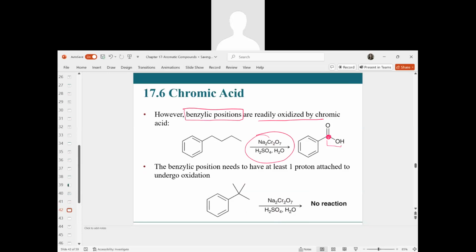So we do need at the benzylic position at least one proton in order for that site to undergo oxidation. So we see here a quaternary carbon. So then again, we would not be able to oxidize this substituted benzene at the benzylic position.